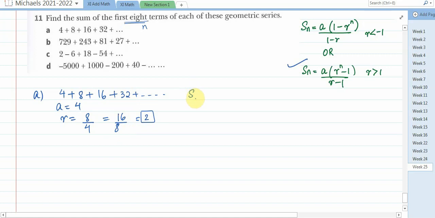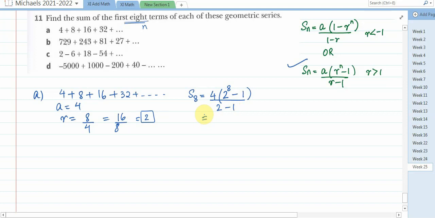Alright, so it will be Sn, n is what? It's 8, is equal to a is what? It's 4, r is 2 and the power is 8, minus 1 divided by r is what? R is 2, minus 1. So we can simplify it. 2 power 8, it's 256.